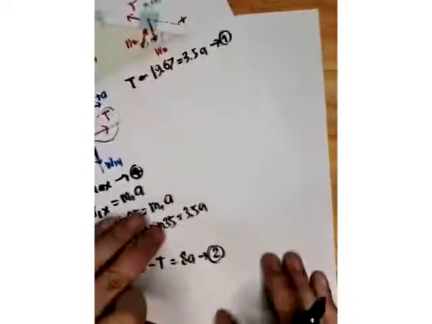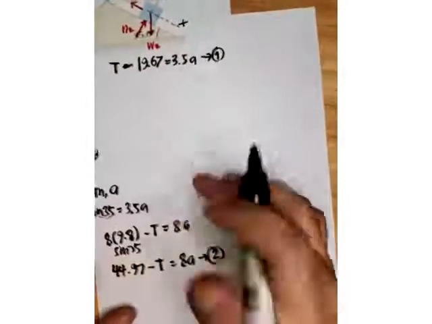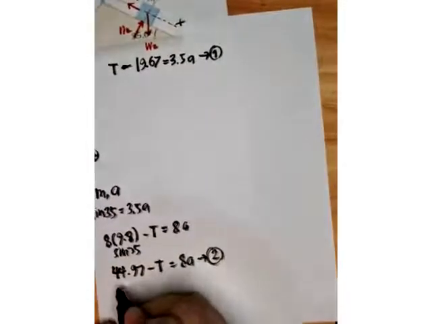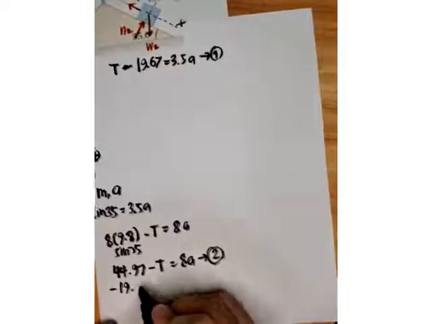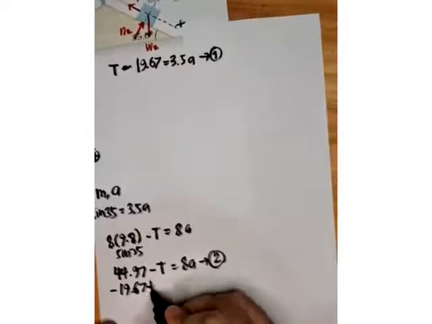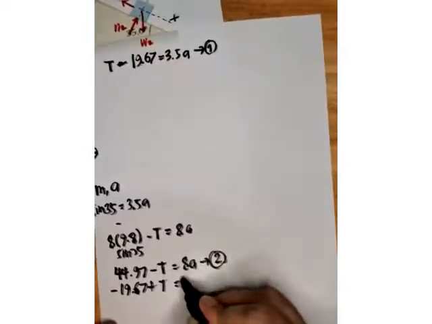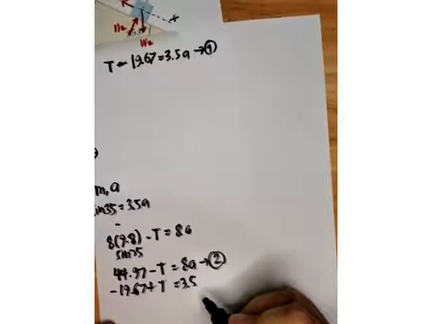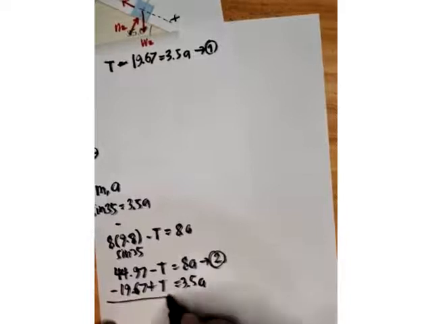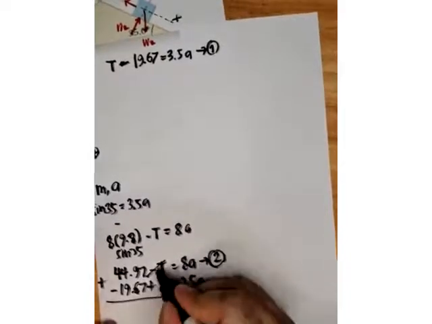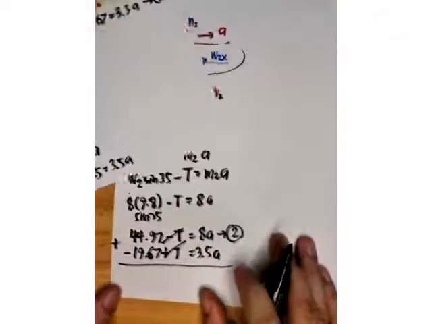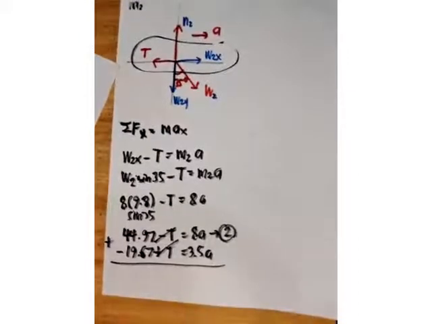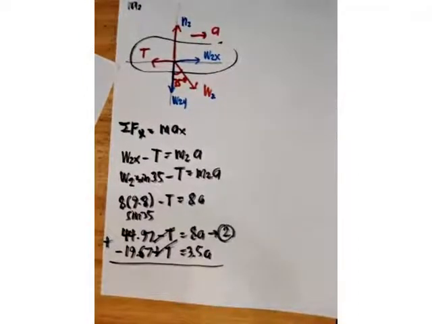So we add the two equations. Negative 19.67 plus T is equal to 3.5A. And then we just add. So, cancel yung T. So, ang matitira ay minus 19.67.